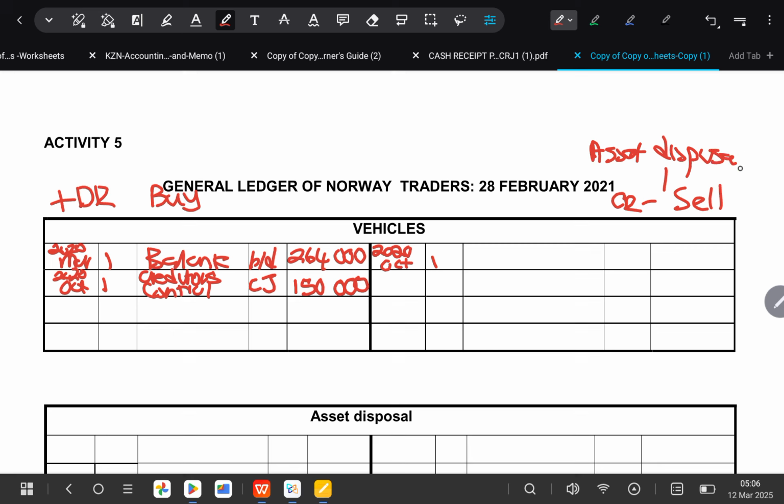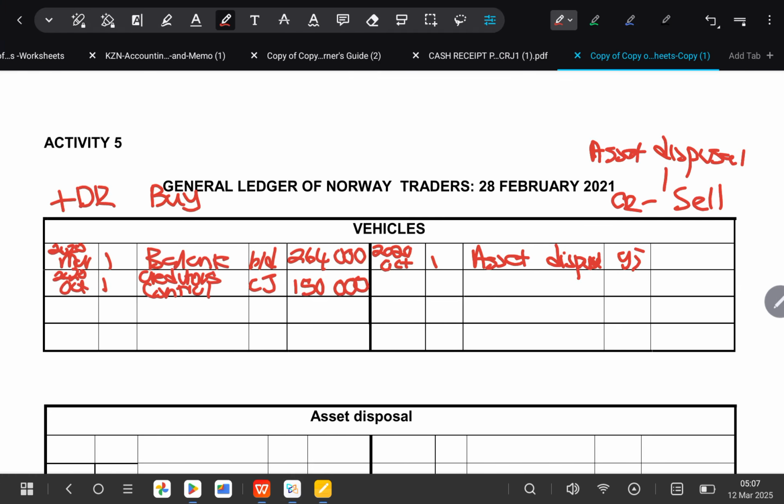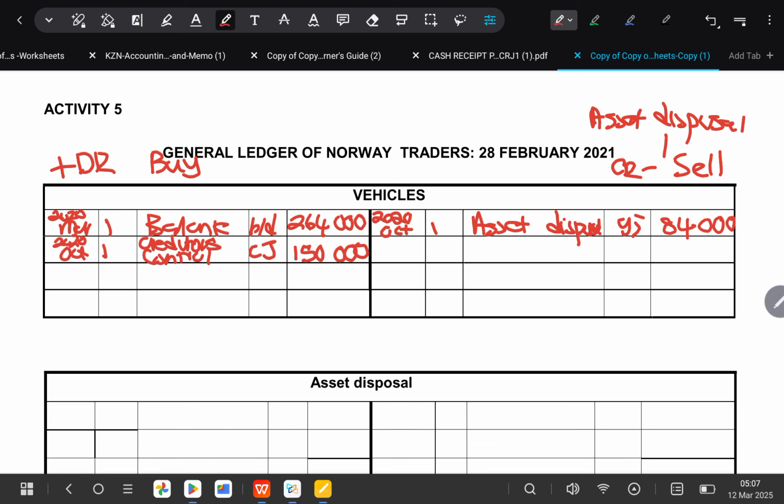So the name of the account that I'm going to write when we sell is asset disposal. And then we need to check what was the cost price of that asset that they are disposing. They said the cost price of that asset was 84,000, so that 84,000 will come here. Once we are done with this, we are able to do our totals at the end of the year because nothing else happened.